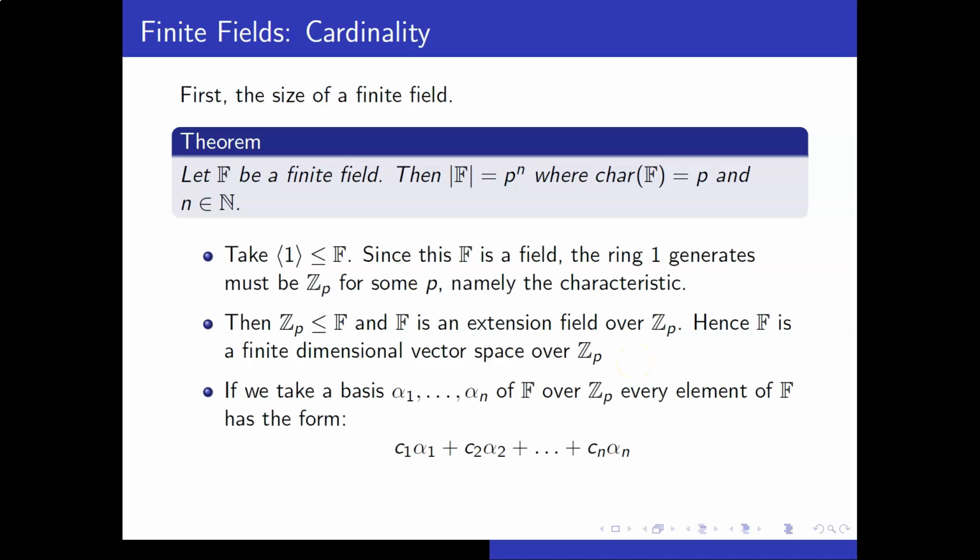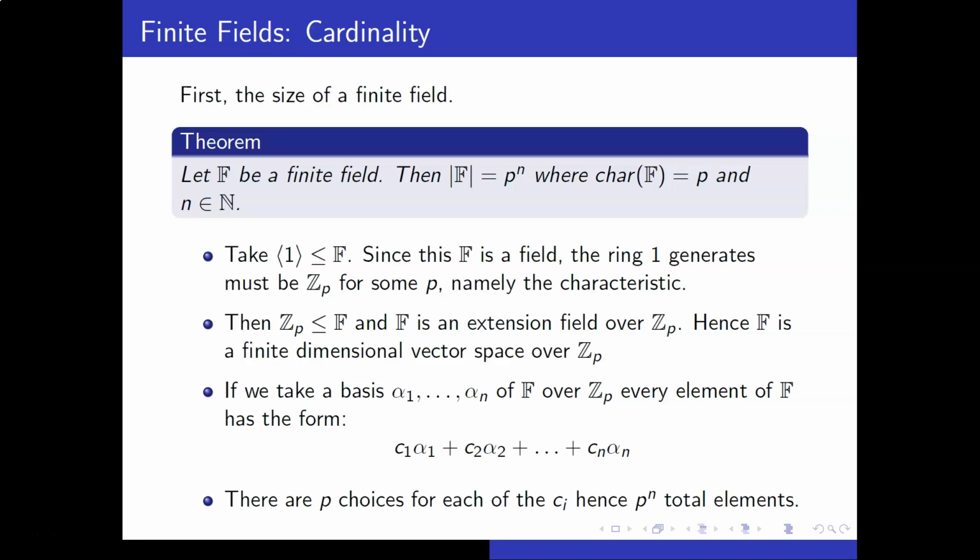So I take a basis. Let's say F has dimension n. I take alpha 1 through alpha n. They are my basis vectors. So everything can be written in the form like so, where the c sub i's are unique, and I take them multiplied by the basis vectors, but those c sub i's, those coefficients, are each coming from Z mod p.